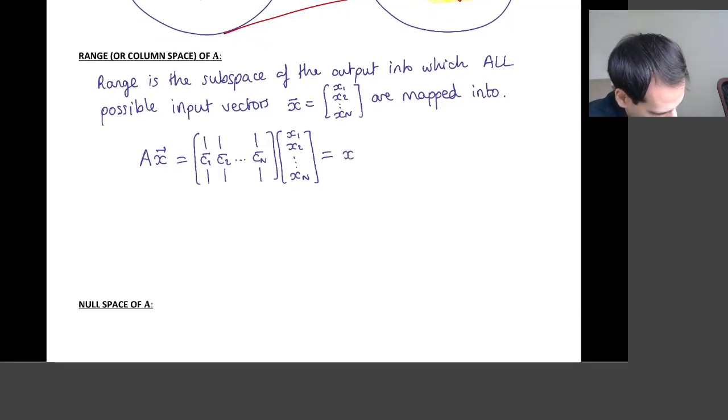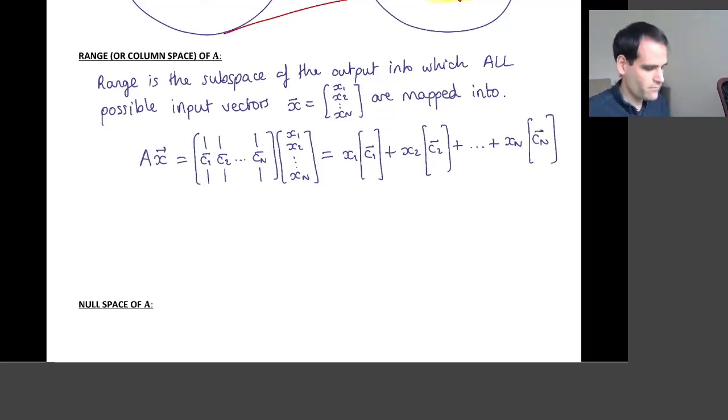It's x1 times the column C1 plus x2 times the column C2 all the way up to xn times the column Cn. So it is a linear combination of the columns.